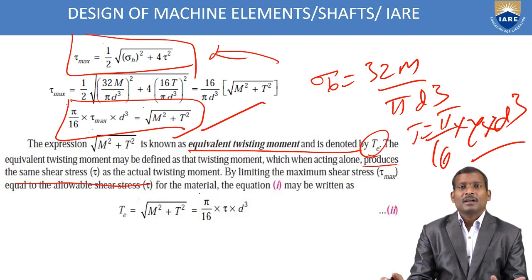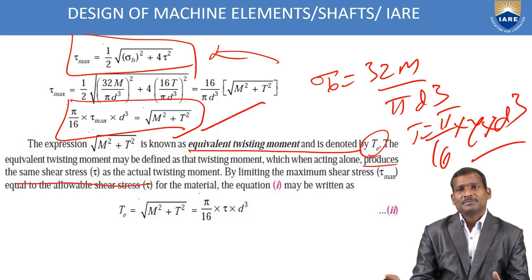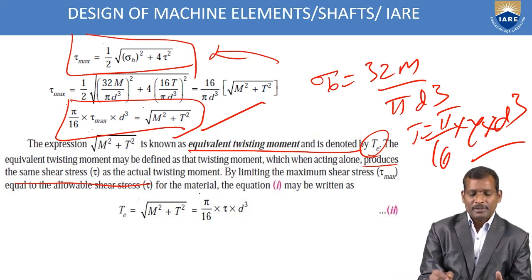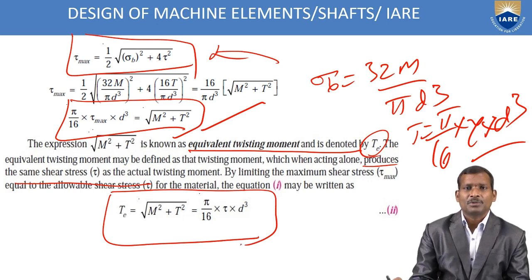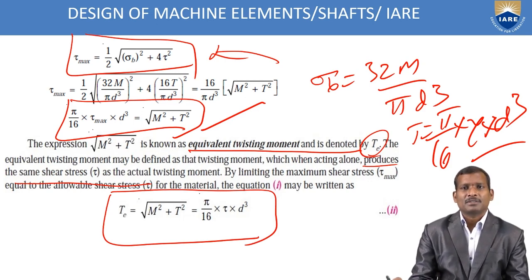So that's why always you need to calculate the equivalent twisting moment and equivalent bending moment. So the equivalent twisting moment Te is equal to square root of M square plus T square, is equal to pi by 16 into tau into d cube. So by using this equation, you may calculate diameter.